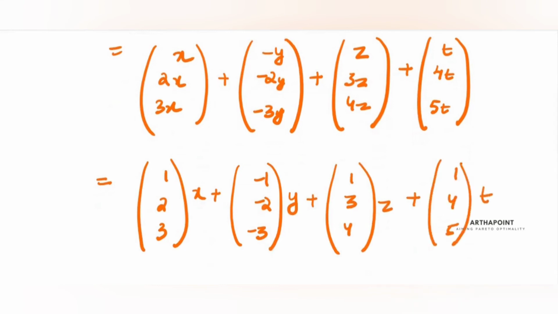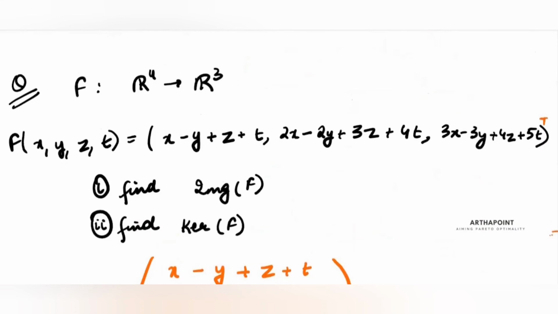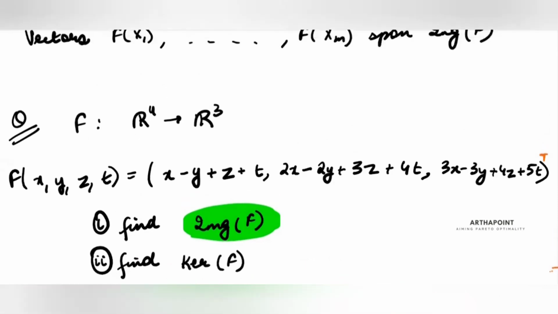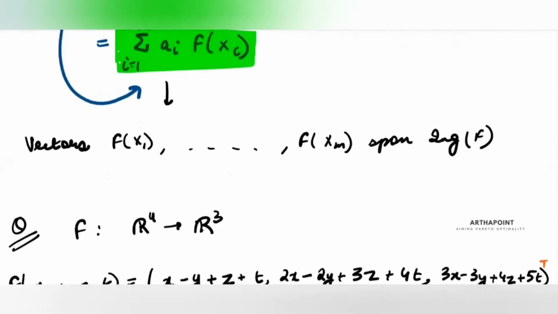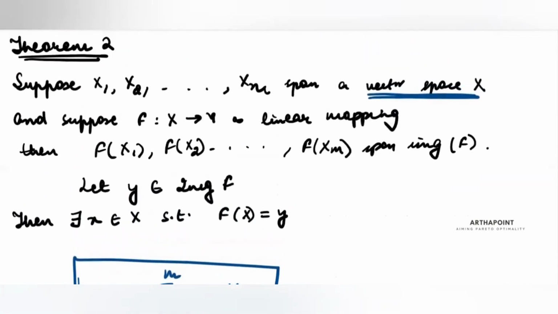Now, what is the question asking? Very simple. The question is asking about the image of the function. The image of the function is nothing but what you get out of the function. When you put some vectors inside it, what is the response that you're getting? Isn't it? So now if I go back to this theorem, it becomes immediately useful.